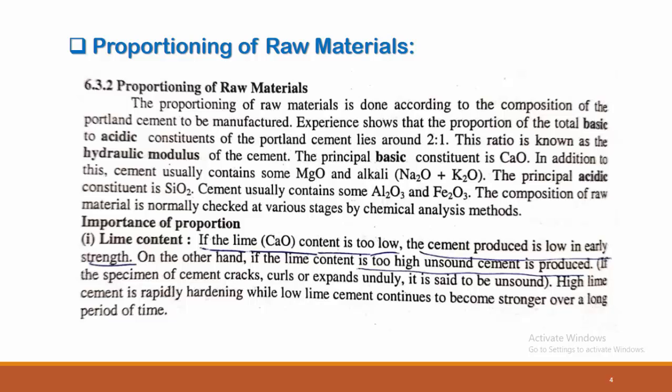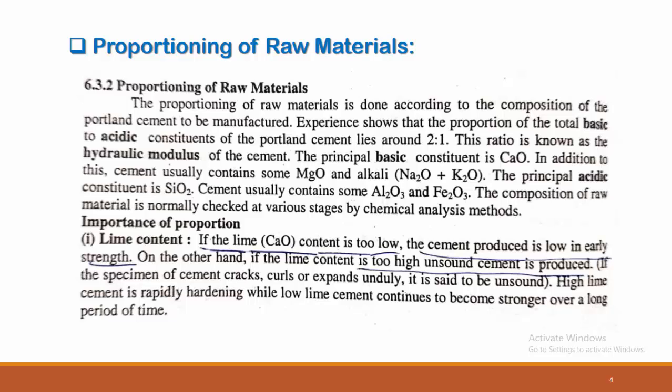Once we have the raw materials, how can they be proportioned according to the requirement of the type of Portland cement? As we studied in the previous lecture, there are C2S, C3S, C3A, C4AF. What does it mean? C is nothing but calcium oxide, as we already studied. S is for silica, A is for alumina, and F is for ferrite.